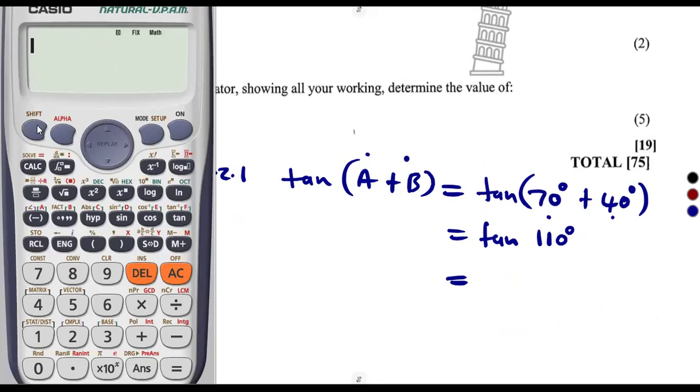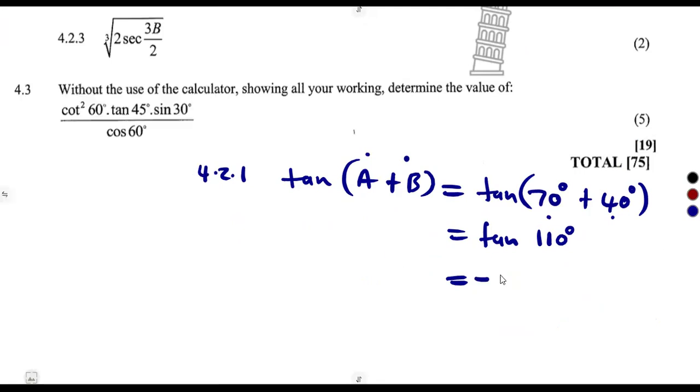All right, that's shift, go to the setup, you fix on number 6, you press 1 to 1 decimal place. So it's now to 1 decimal place. So tan 110 is equal to what? Minus 2.7 to 1 decimal place. We've already fixed our calculator. So that's minus 2.7. There is no degree there. There's nothing, just a number as it is.